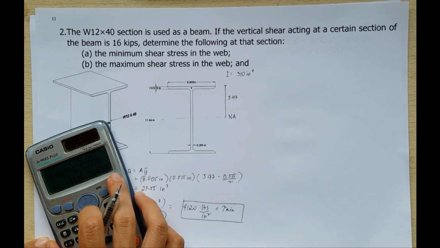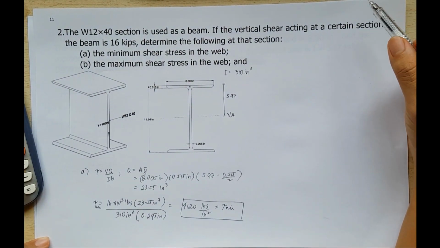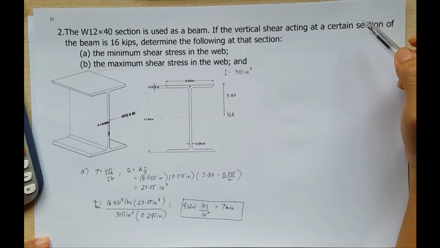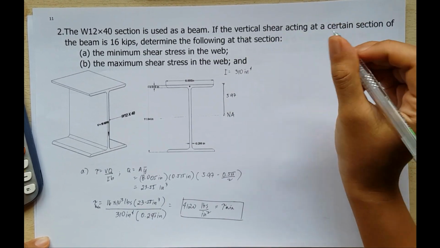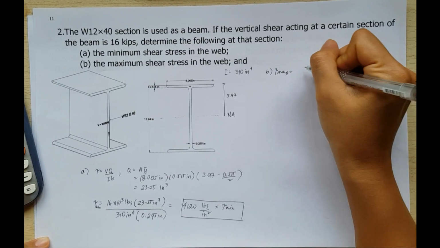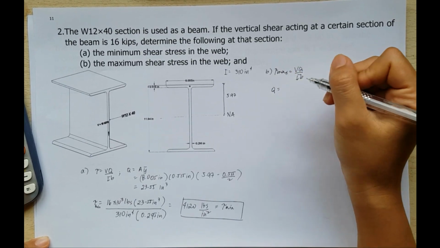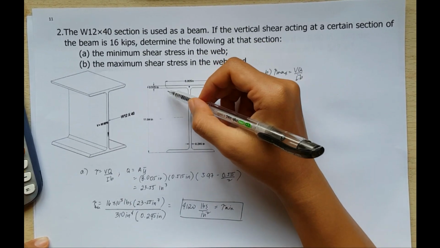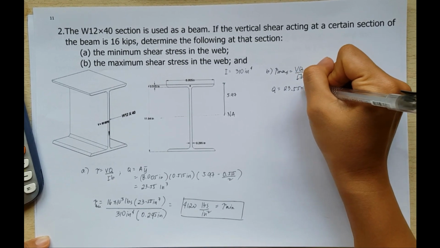For the maximum stress, the maximum shear stress is located at the neutral axis, where our Q all over B is the largest. We will consider this area. Therefore, for letter B, the maximum shear stress is equal to, again, VQ all over IB, in which Q is equal to the Q we obtained earlier, which is 23.55 inches cubed.